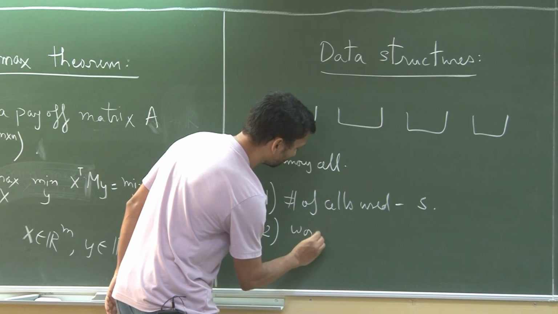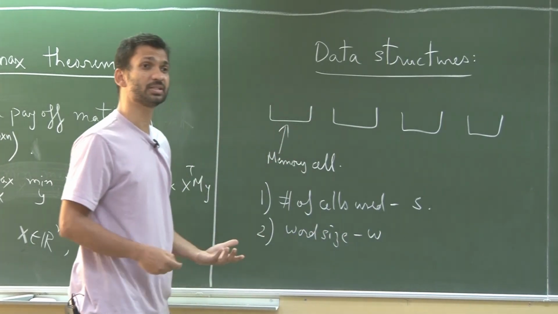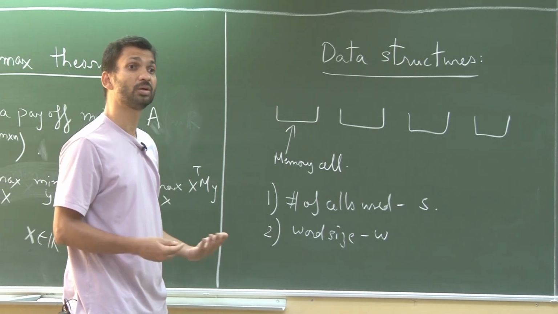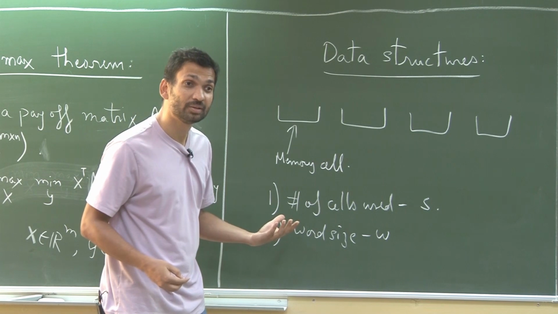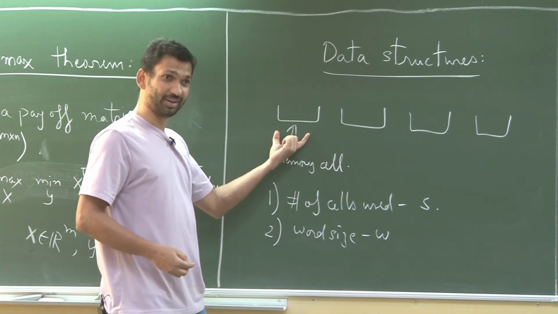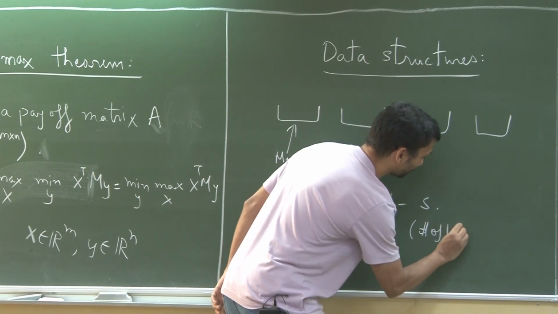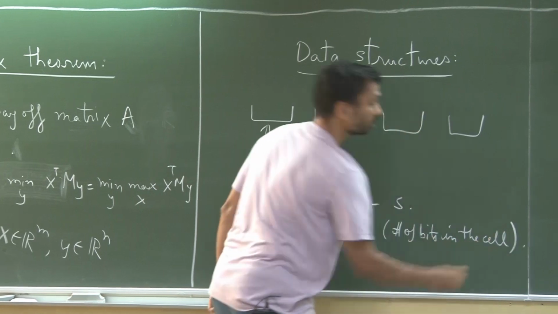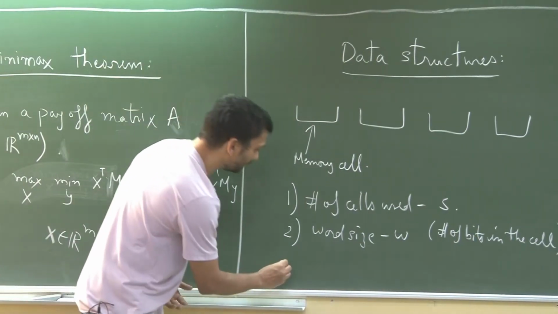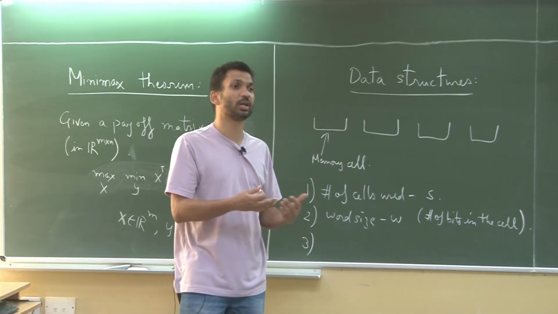Second, the word size, or W. What should the word size be, intuitively? It is the number of bits in the cell. And generally data structures are optimized for a particular kind of question or algorithm.